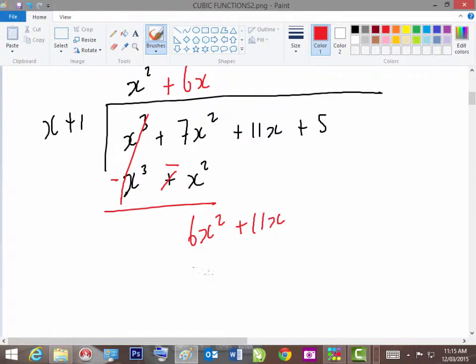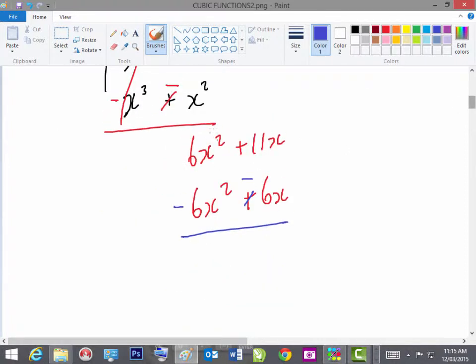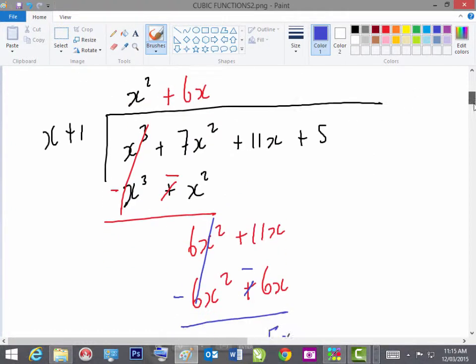So 6x times x is 6x squared, and 6x times 1 is 6x. Change the signs. That leaves 5x. Bring down the last term, which is 5.